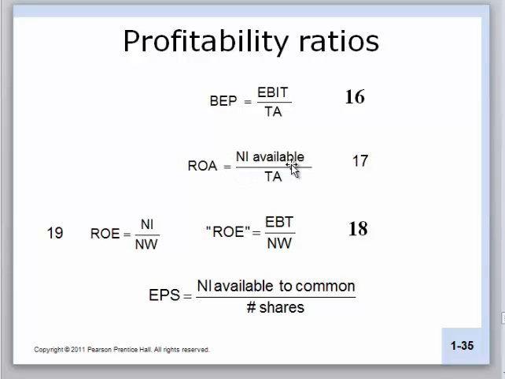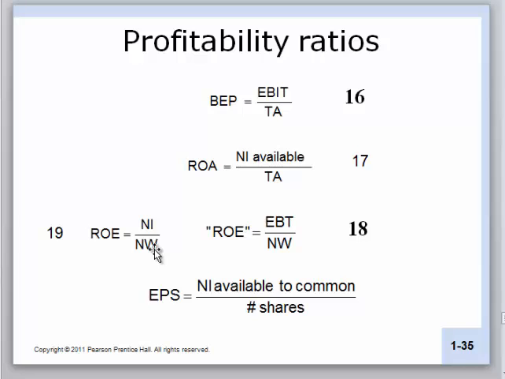ROA is net income available. This is the bottom line, which incorporates taxes and interest, which is obviously taxation and leverage and debt. Basic earning power looks at the basic profitability of the company before you look at those other decisions. So I think it's a better measure, if you will, of the overall profitability of the company compared to its asset base.